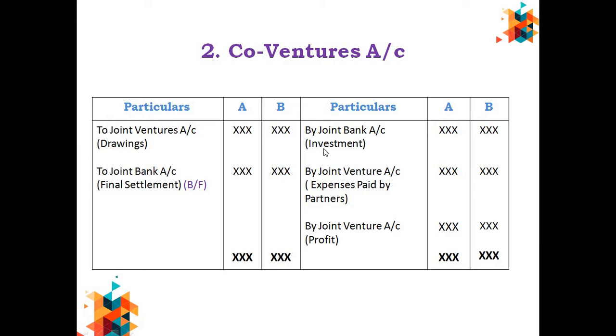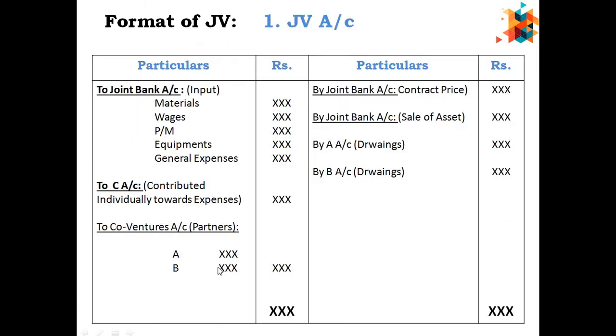Come to the credit side. First of all, you are supposed to take the individual contribution or investment made by both of them. Second, the individual expenses made by them, and the profit from the previous account. This profit is the balancing figure, whatever profit they got out of the revaluation account.